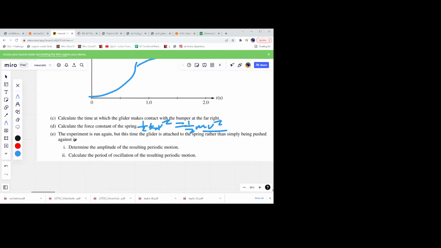Amplitude of the resulting periodic motion. I mean, it doesn't seem bad, probably. So, wait, amplitude? Don't we already know amplitude? Like, wait, what? Hold on. Can it go further than that? Can't, right?